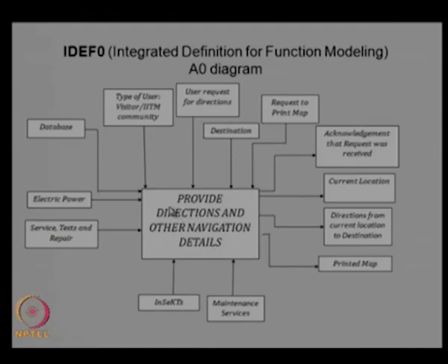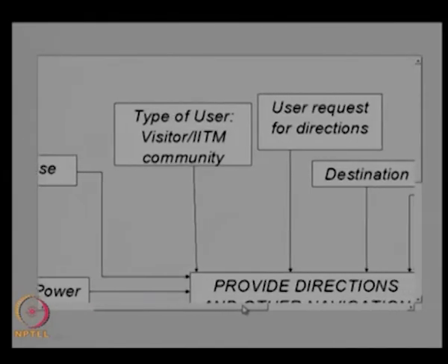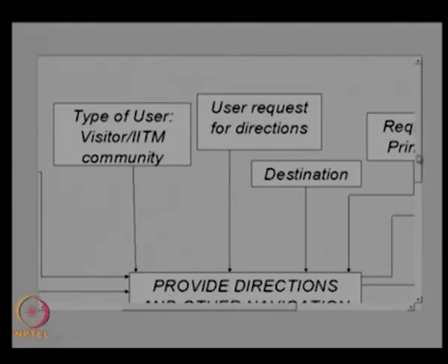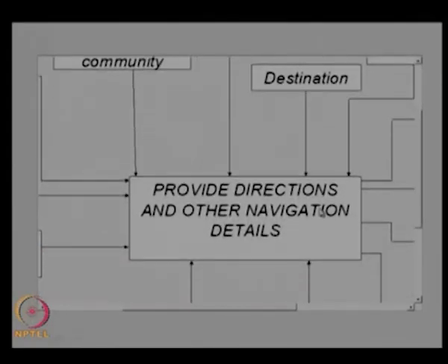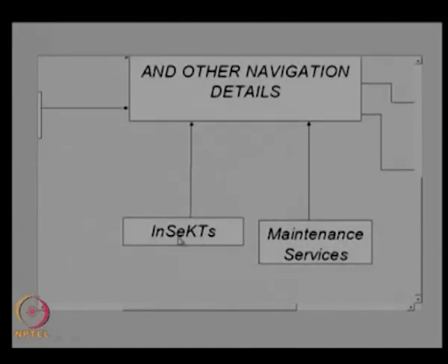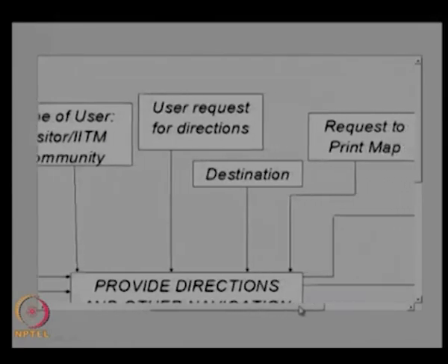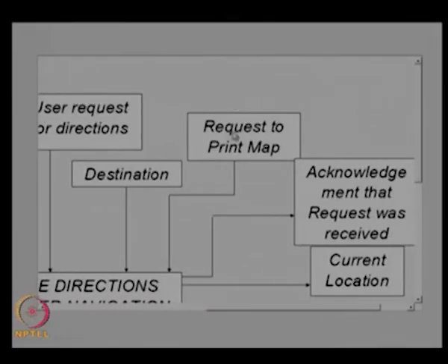When we decompose, you will be getting the A1 diagram. This is the enlarged view of the previous diagram. For better clarity, we have shown it as a separate diagram. Here you can see the main function, provide directions and other navigation details, and then you have the hardware which actually provides this main service, and then you have the maintenance services and maintenance system as an external system, and all other external interactions and external users, the different types of users, then the user requests, different kinds of requests, the destination information, and the requests from customers.